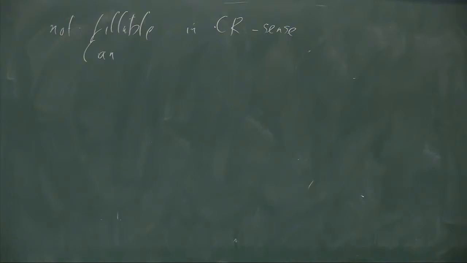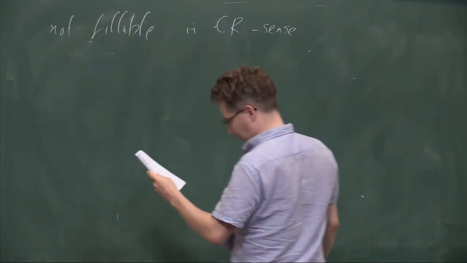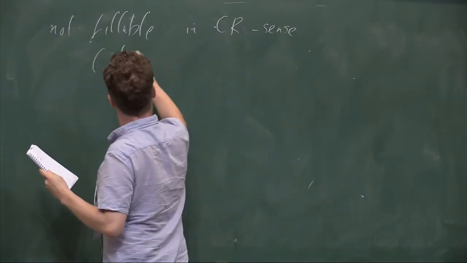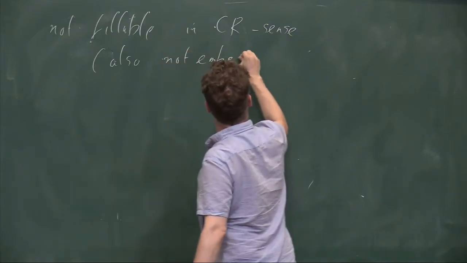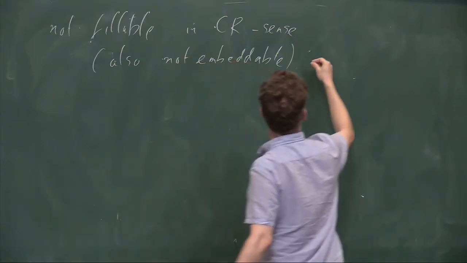Sorry, I cannot answer right now. It's a good question, I just don't remember the reason. For the fillability, you use the CR functions, and then, okay, I don't remember.